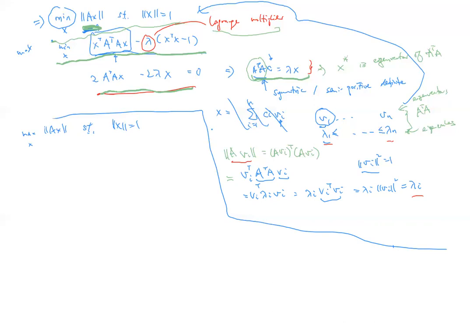So if I want to minimize the norm of Ax, I should pick the vi with the minimum eigenvalue. Therefore I should simply pick V1, because lambda 1 is the smallest eigenvalue. So the solution x star is simply equal to V1.